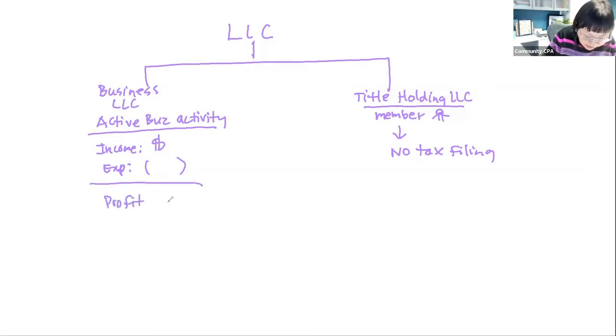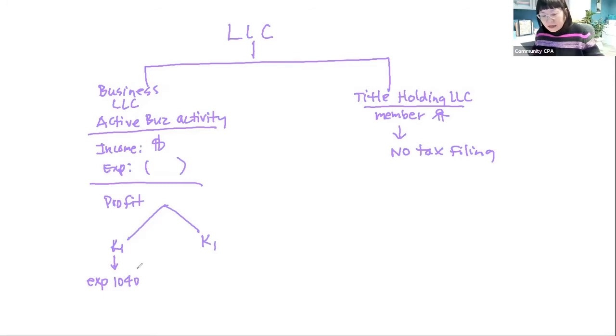When you have profit, you split the profit through K1 to your different partners. And if you don't allow me to deduct all the expenses out of the LLC, me as a partner, I can deduct my expenses under my 1040, right? So that is the LLC we talked about earlier.